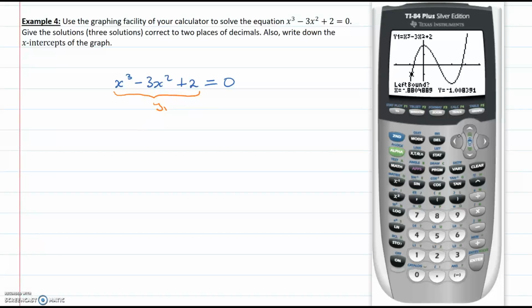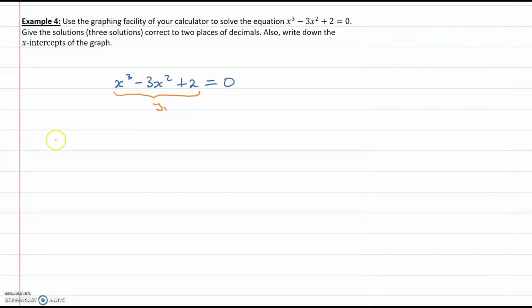Now we're on the left. Hit enter, then go to the right of that same point and hit enter one more time. And you get x equals negative 0.732. So that's our first point.